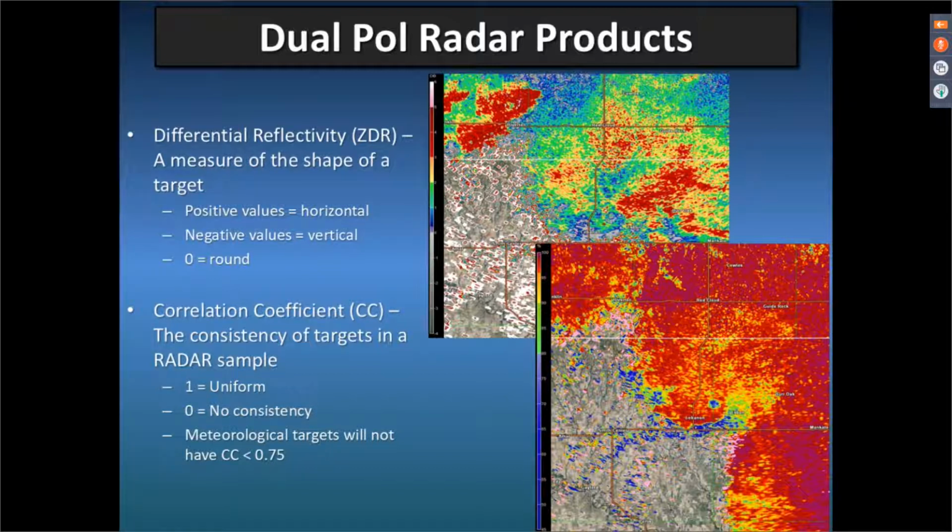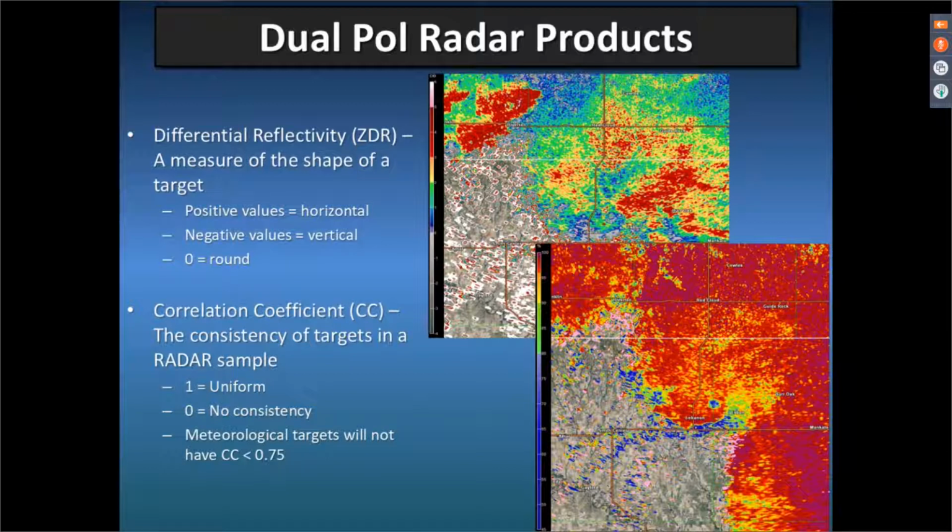But let's say the radar energy goes out and it hits a mixture of rain and snowflakes. Well, then the CC is going to be lower than 1, because it's got a mixture in there, and it might be around 90% or something like that, or a CC of 0.9. But once you start getting a super low CC, let's say below 80% or 0.8, you're starting to get things that are definitely not meteorological.